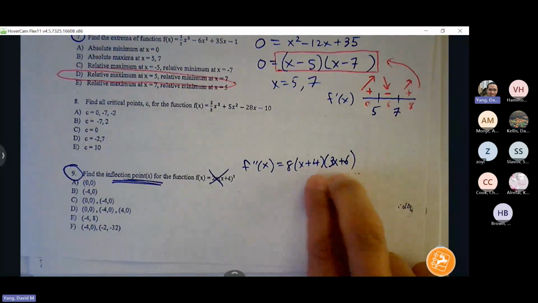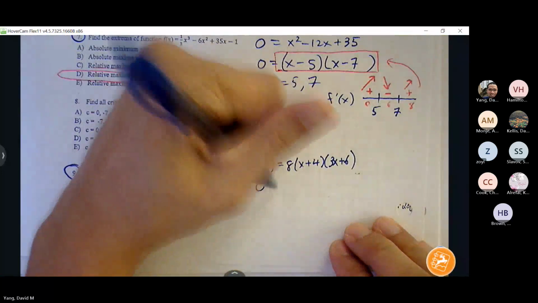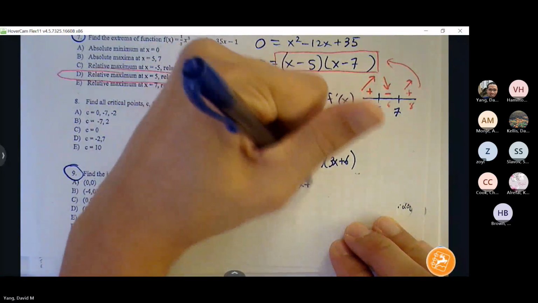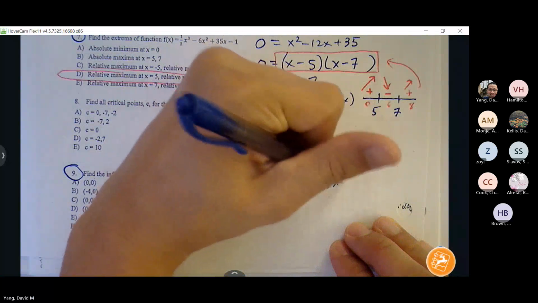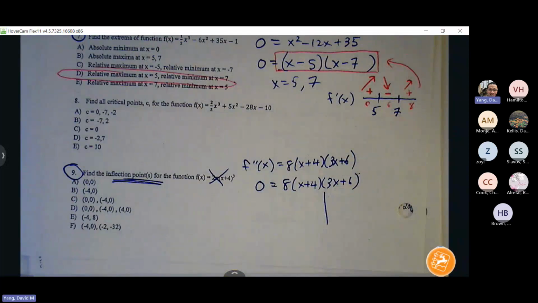If I want to find point of inflection, I set f double prime equal to what? To 0. Okay, so there's nothing from 8 because there's no variable there. So 8 equal to 0 doesn't make any sense. We can leave that out.